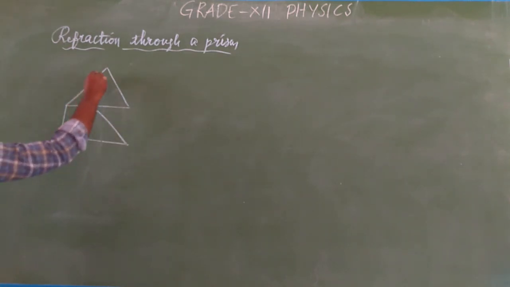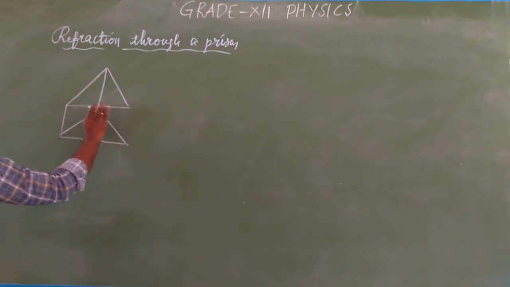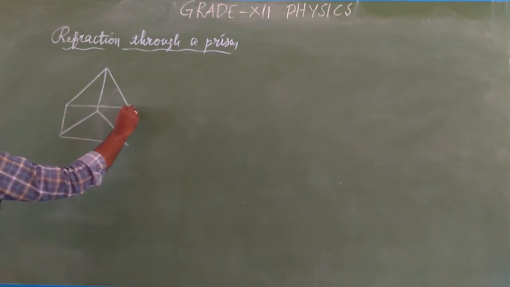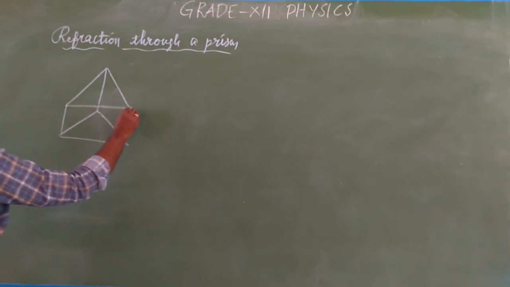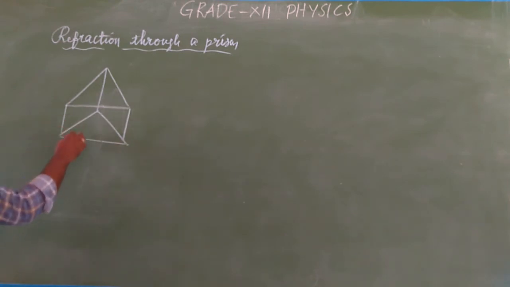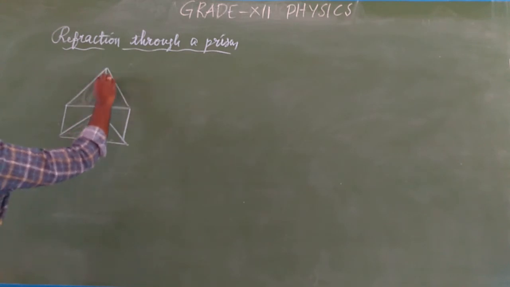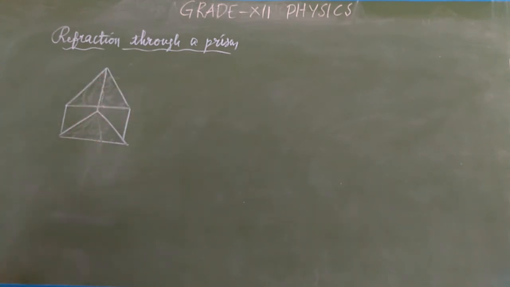The first lateral surface is this one, the second lateral surface is this one, and this is the third lateral surface. So a prism has two triangle bases, base 1 and base 2, and three lateral surfaces.